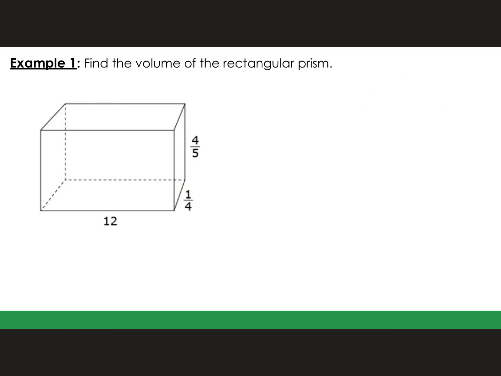Okay, so find the volume of the rectangular prism. We start out the same way we do with everything else. We write our formula. The area of the base, our area formula, is the measurement of the base times the height.